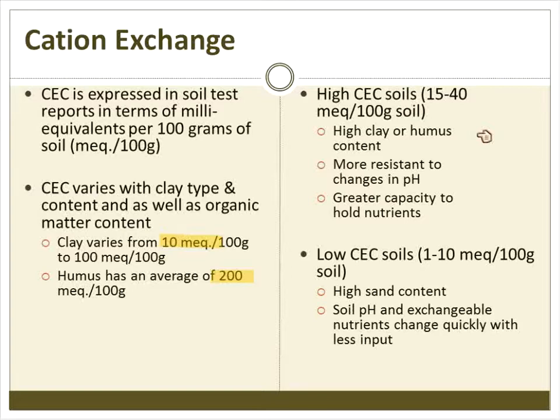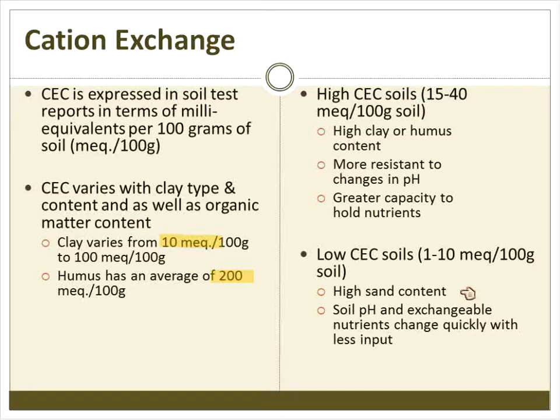They tend to hold on to hydrogen, which is a cation, and so they're pretty resistant to changes. They've got what we call a great buffering capacity. Then you get to these low cation exchange capacity soils, and these are things like really sandy soils, high sand content kinds of soils. And these are soils that don't hold on to cations very well. They don't tend to buffer pH changes very well.